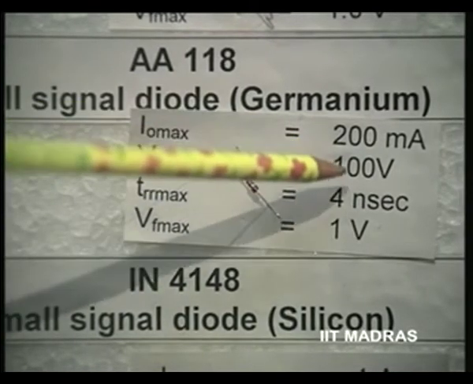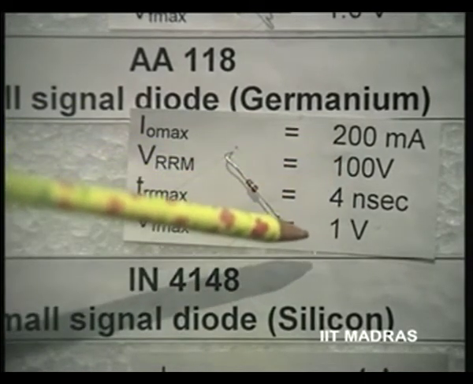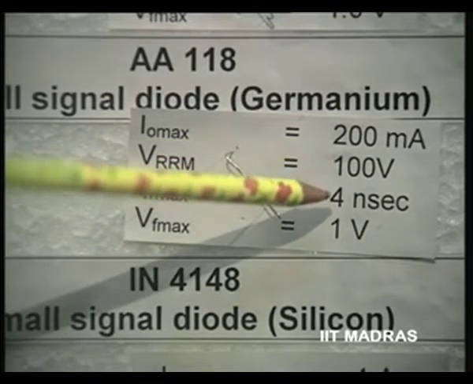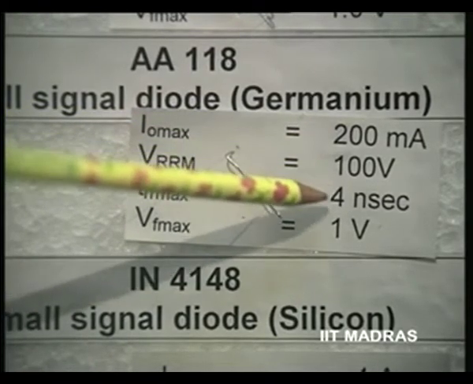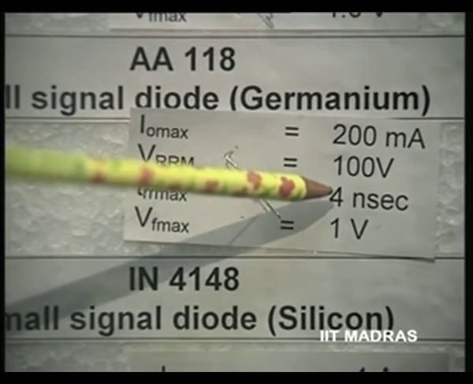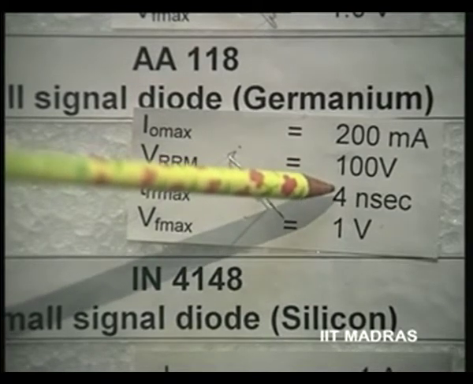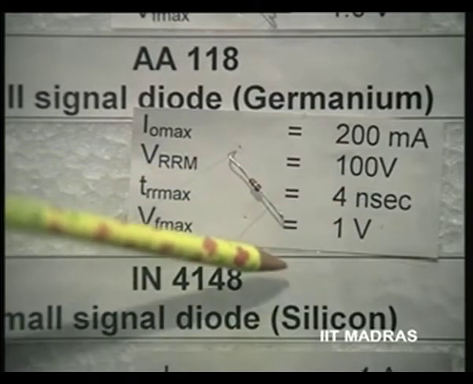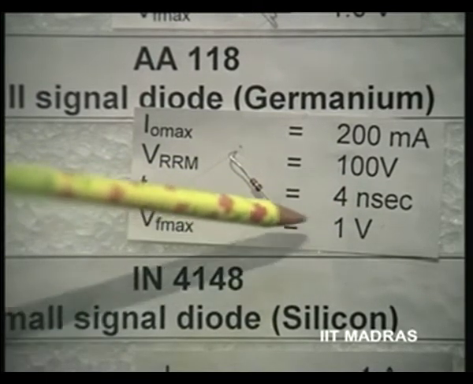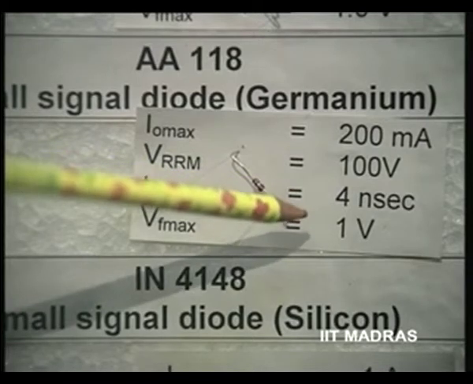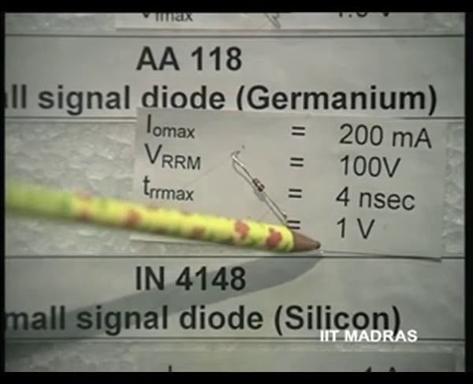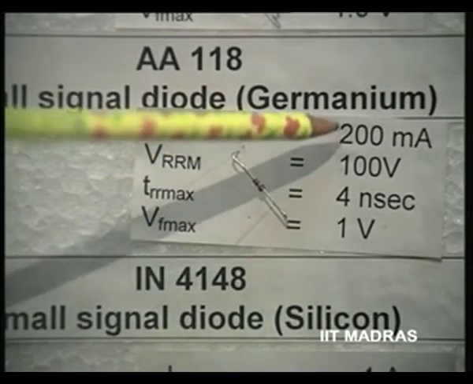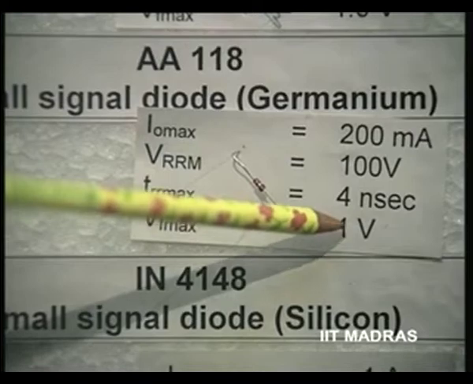The peak inverse voltage rating is about 100 volts, and it is supposed to be a fast diode, and therefore the recovery time from forward bias mode to reverse bias has a delay of the order of 4 nanoseconds. This is important in diodes used for switching applications. It should be kept very small, and when it is forward biased, the typical voltage at currents of the order of 200 milliamperes is about 1 volt.